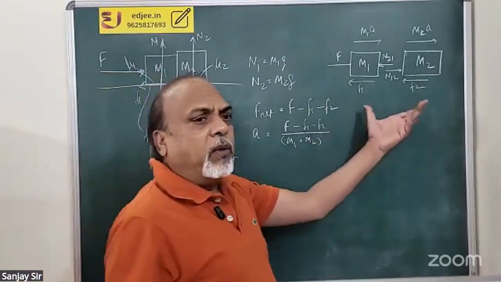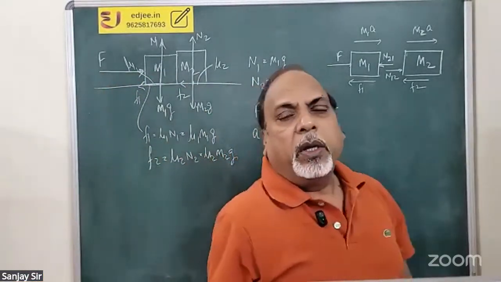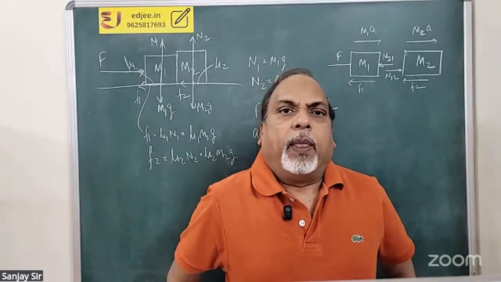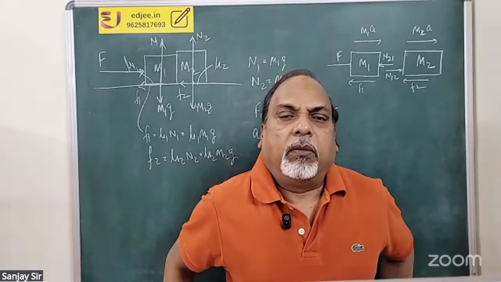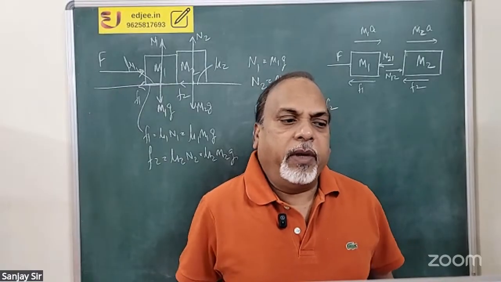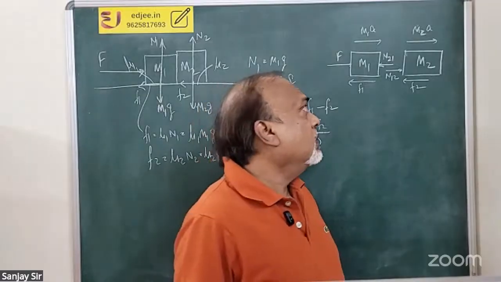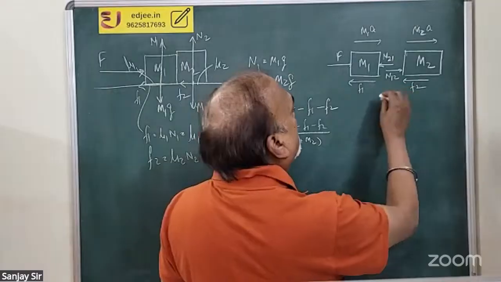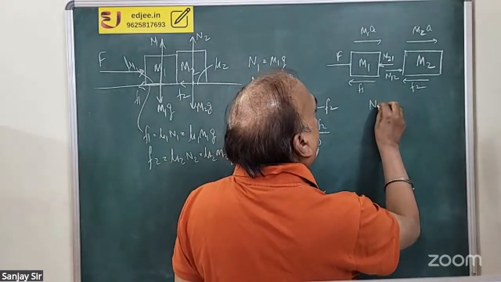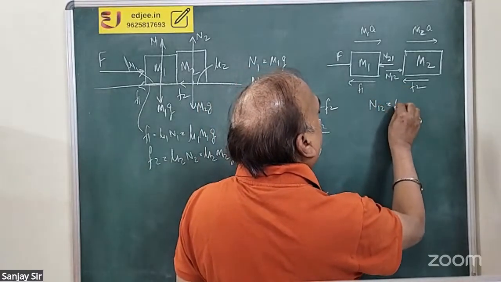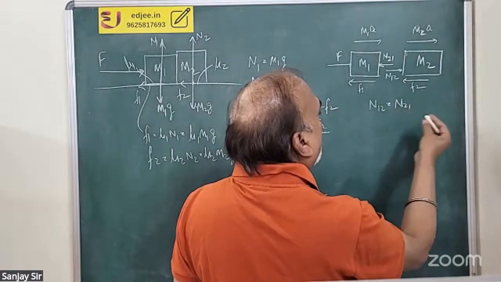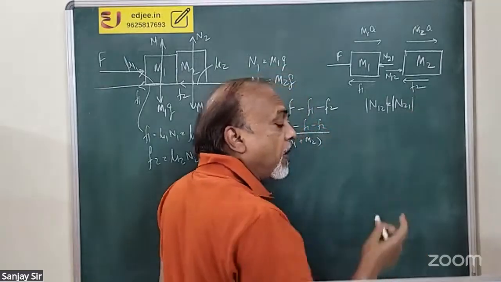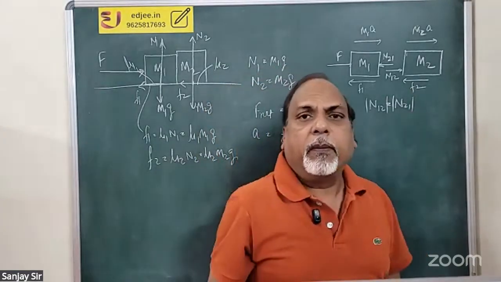Now, from this free body diagram, you can find out the contact force acting between them. Suppose if we take M2, of course, this N12 will be equal to N21, of course, magnitude wise.